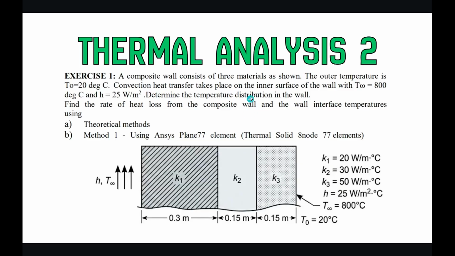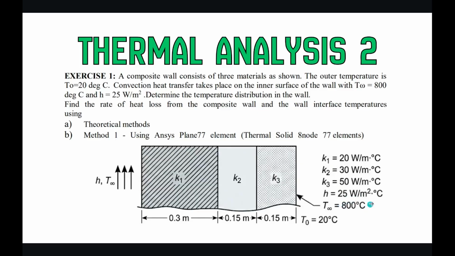So this problem is a composite wall with a fixed temperature of 20 degrees Celsius on the right side and convection on the left part. This is the difference between the first and the second problem. We need two parameters for the convection part, the film coefficient and the bulk temperature, which are given.